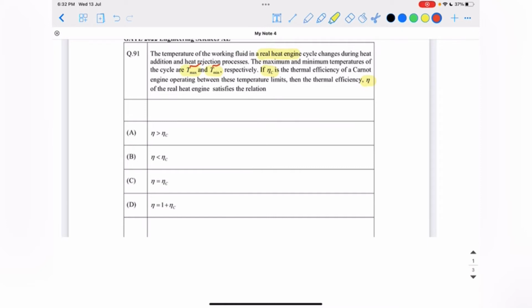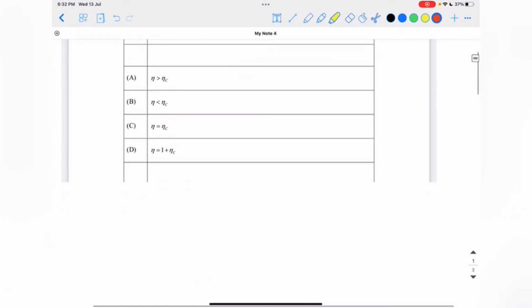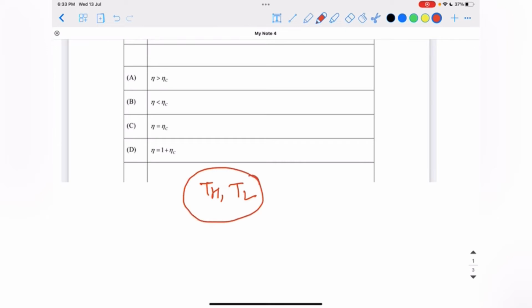It is a very general rule that of two engines operating between two temperature limits Th and TL, none of the engines can have an efficiency greater than Carnot efficiency. So if a real engine is working between these two temperatures having efficiency eta, and if a Carnot engine is made to work between these two temperatures having efficiency eta C, then eta can never be greater than eta C, and eta C will always be greater than eta. Hence from the given options, B is correct.